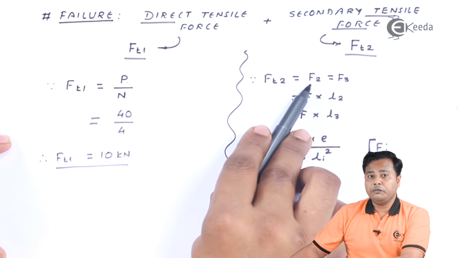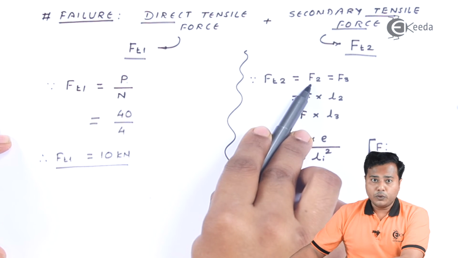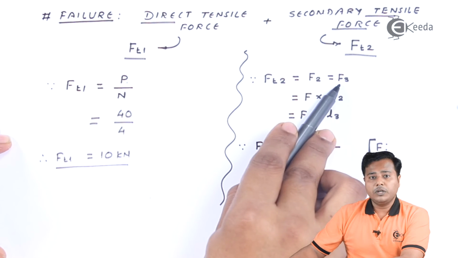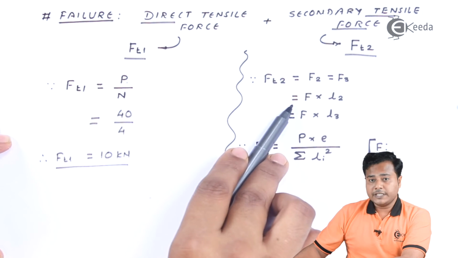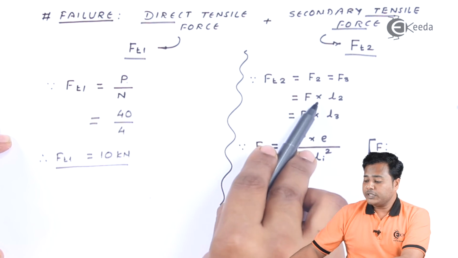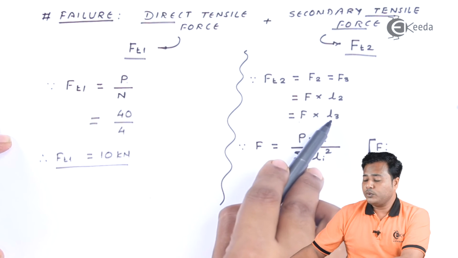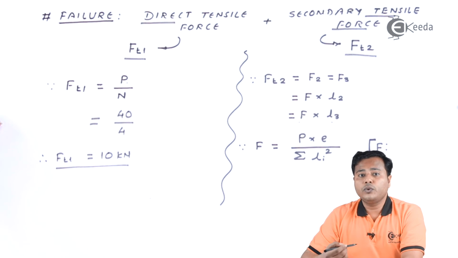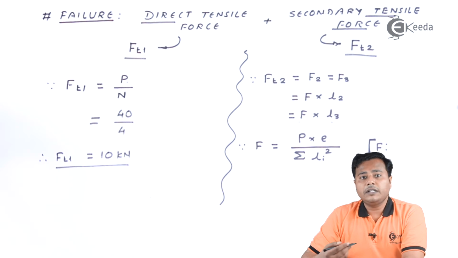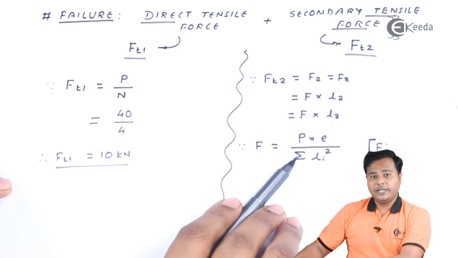We need to find out the force in bolt number 2 and the force in bolt number 3, which is given by this expression, force into length 2 or force into length 3, where this force is nothing but the resultant force which is acting because of the tilting action. The expression is quite clear from here.